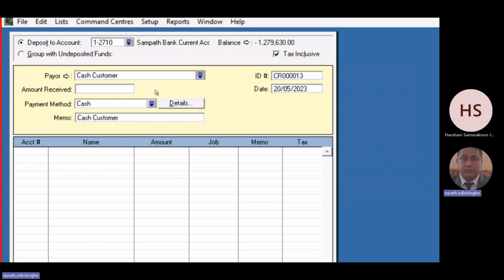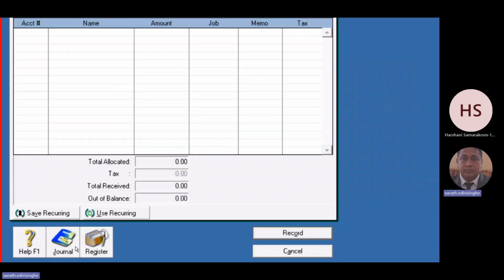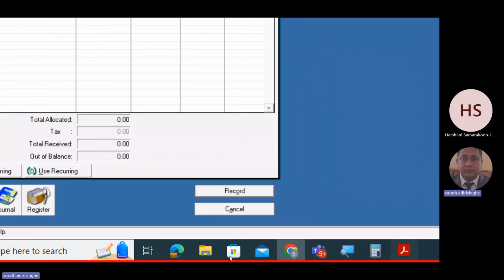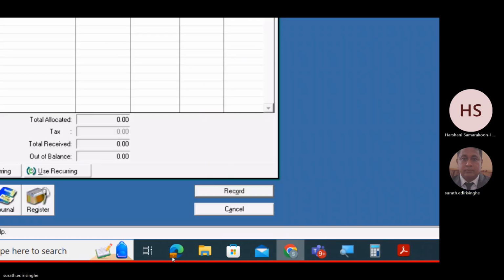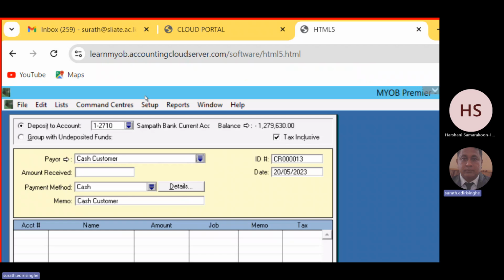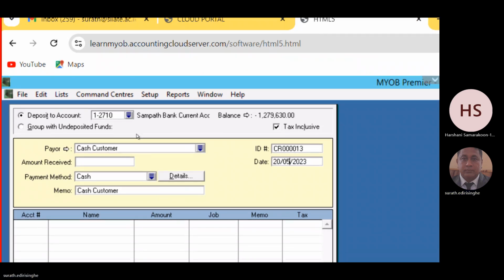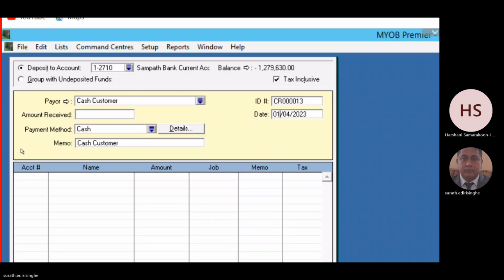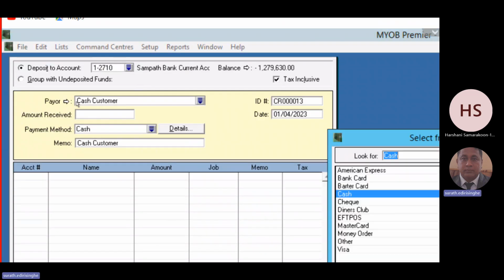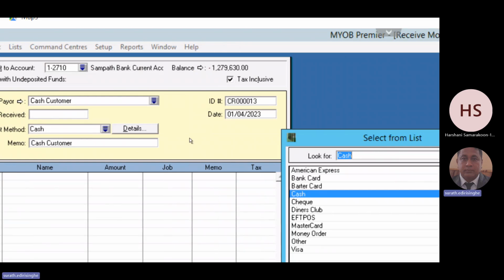Right. I give the receipt number and the date. The date of this transaction is April 1st. Change the date to April 1st. Payment method, by cash or check.